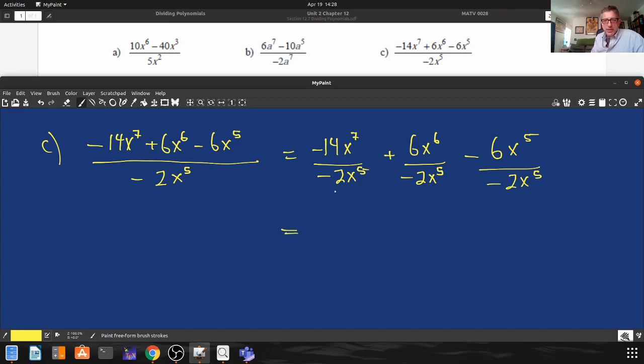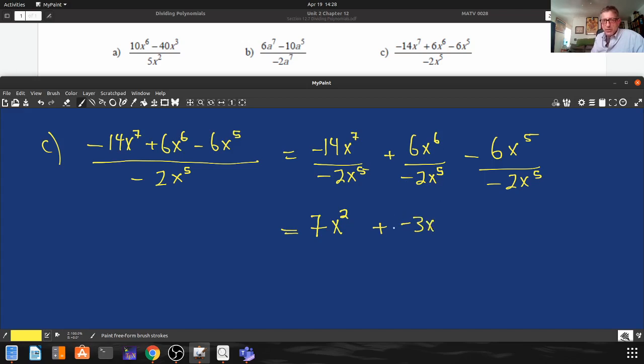So let's simplify. Minus 14 divided by minus 2 is positive 7. X to the 7th divided by x to the 5th is x to the 7 minus 5, which is x squared. 6 divided by minus 2 is minus 3. X to the 6th divided by x to the 5th is x.